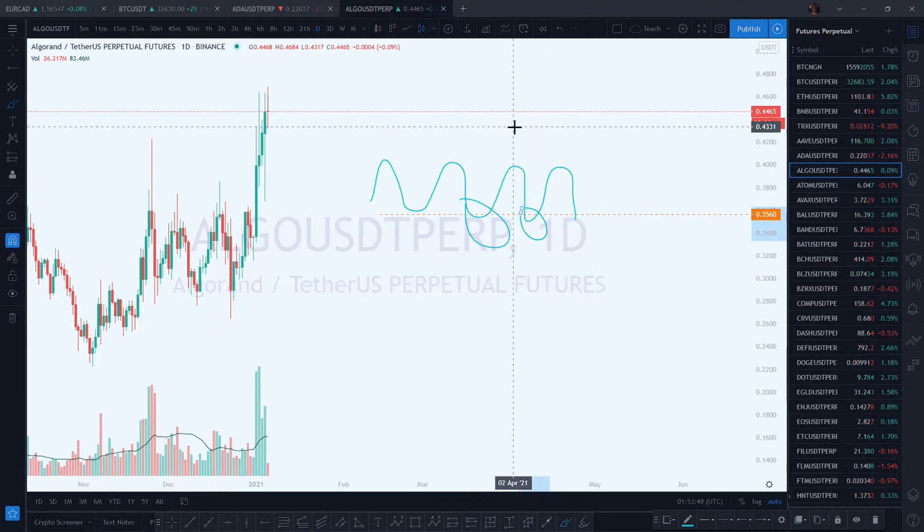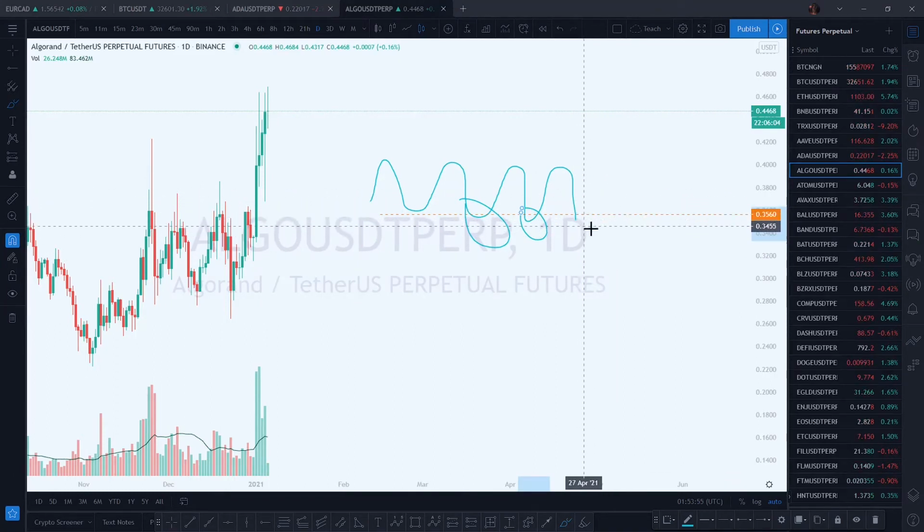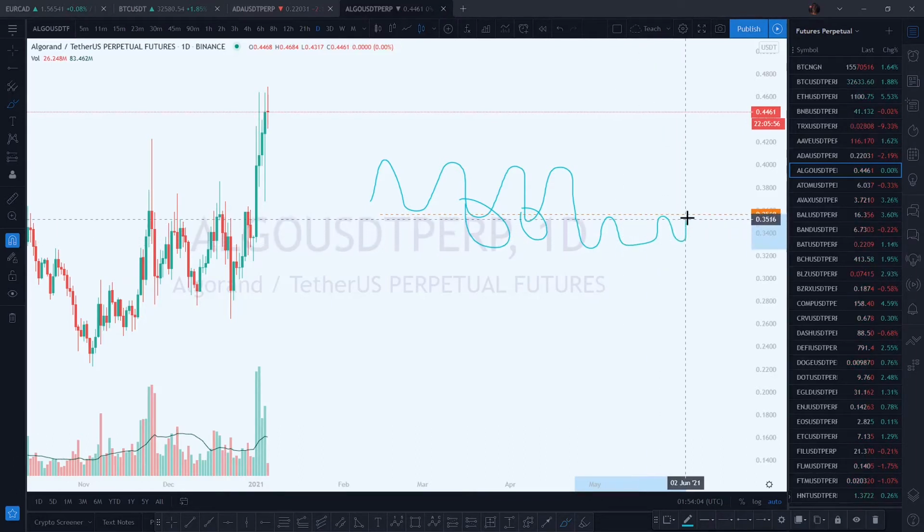Like I said in the previous example, some supports will break only for them to come back above instead of using it as resistance, whereas some supports will break and they will come back to the old support and test it as resistance and keep going like that until it breaks and then uses it as support again.